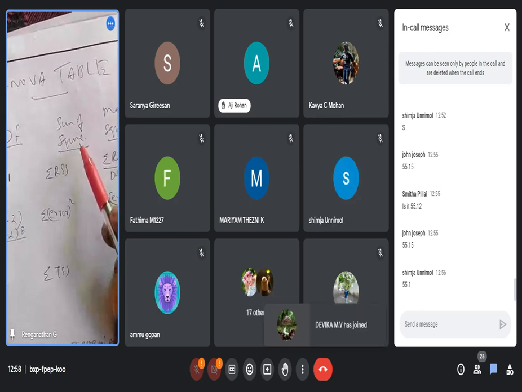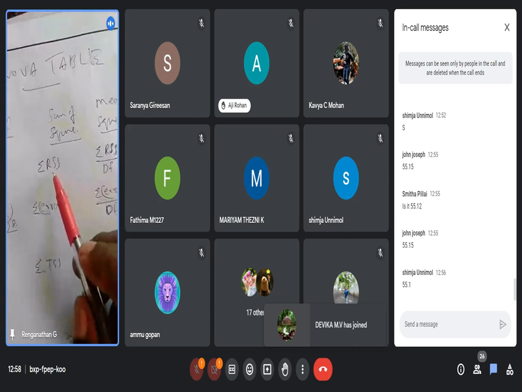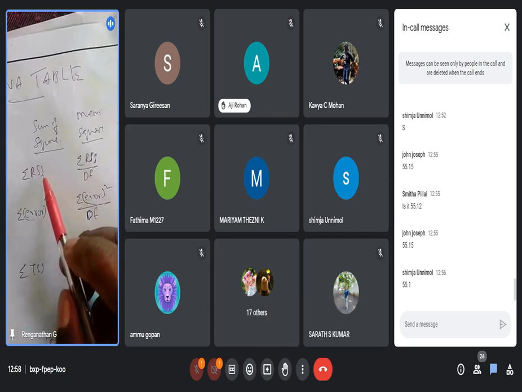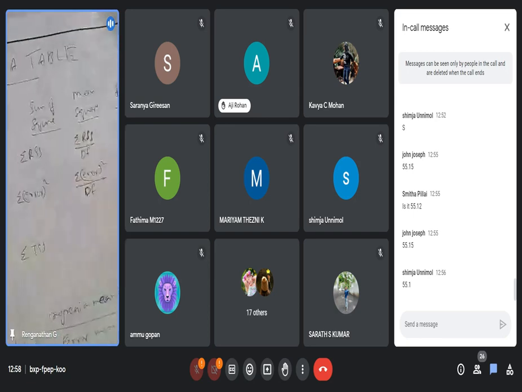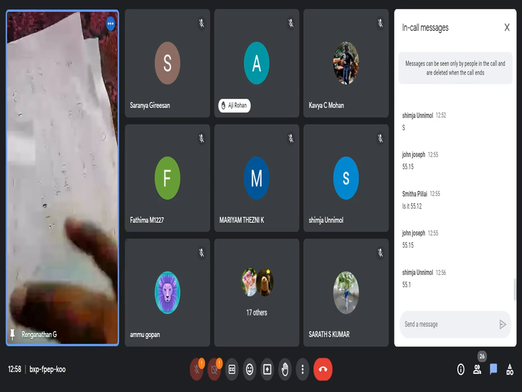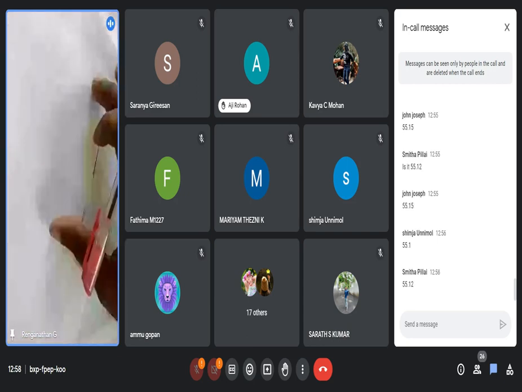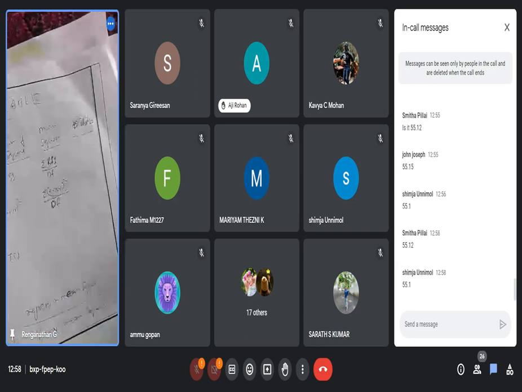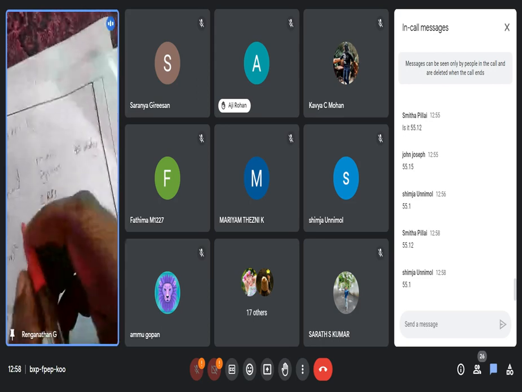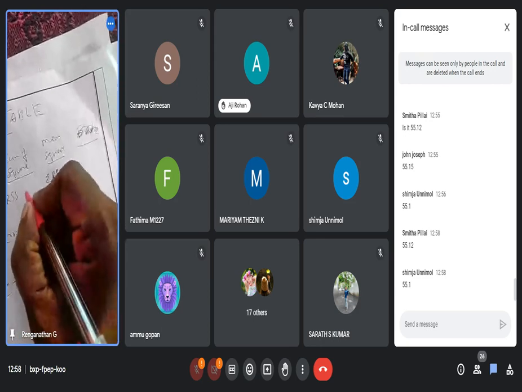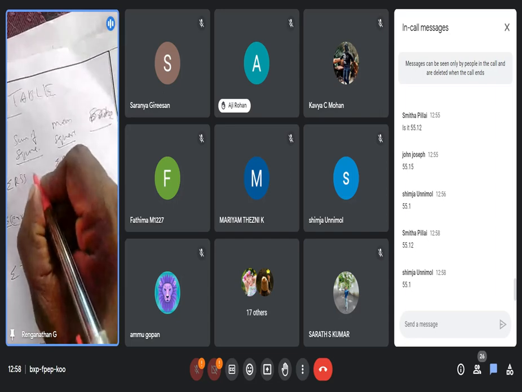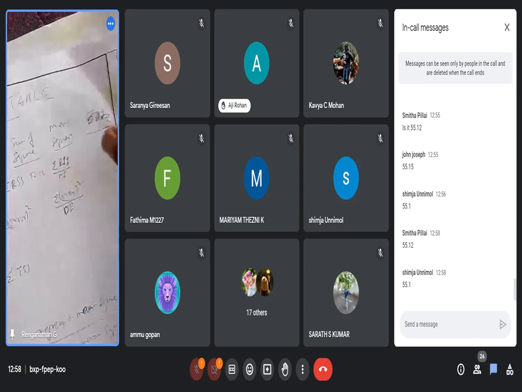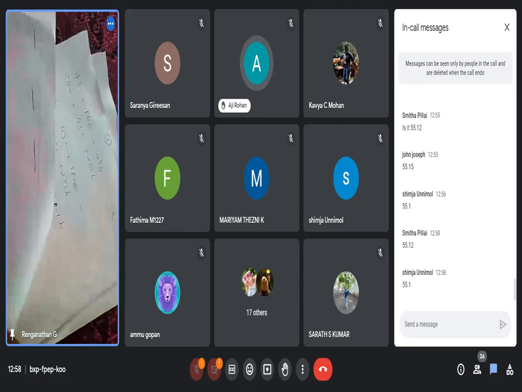In the sum of square, you have to write the value of sigma RSS. You took the total of the RSS column, isn't it? What is the total of that RSS column you got? It is 55.12. So you have to write 55.12, isn't it? Right, sir.